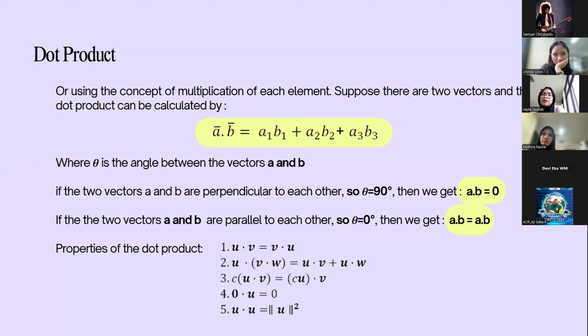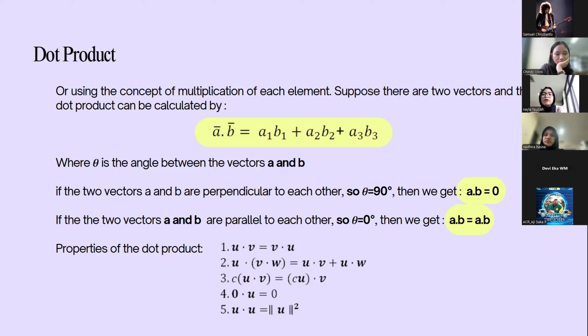Suppose there are two vectors, then vector A dot vector B equals A1 B1 plus A2 B2 plus A3 B3, where theta is the angle between vector A and B.